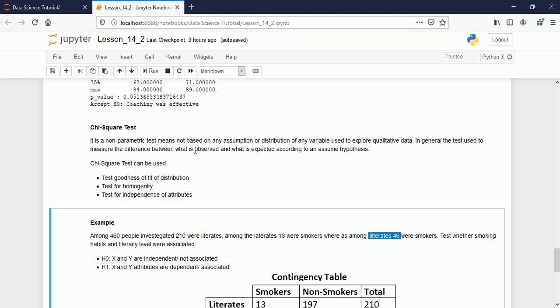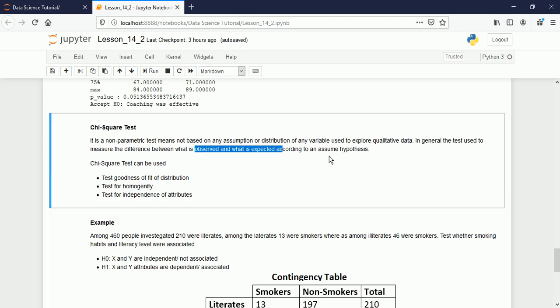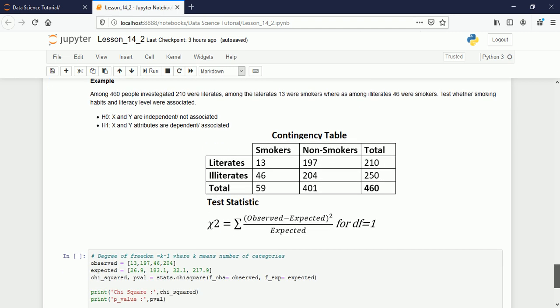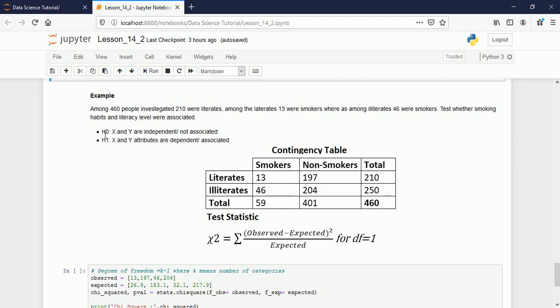You have to remember this one. Here we are testing the observed versus expected values. And here the null hypothesis says x and y, the two values, are independent or not associated. If the null hypothesis is accepted, it means the x and y values or attributes are independent and not associated with each other.